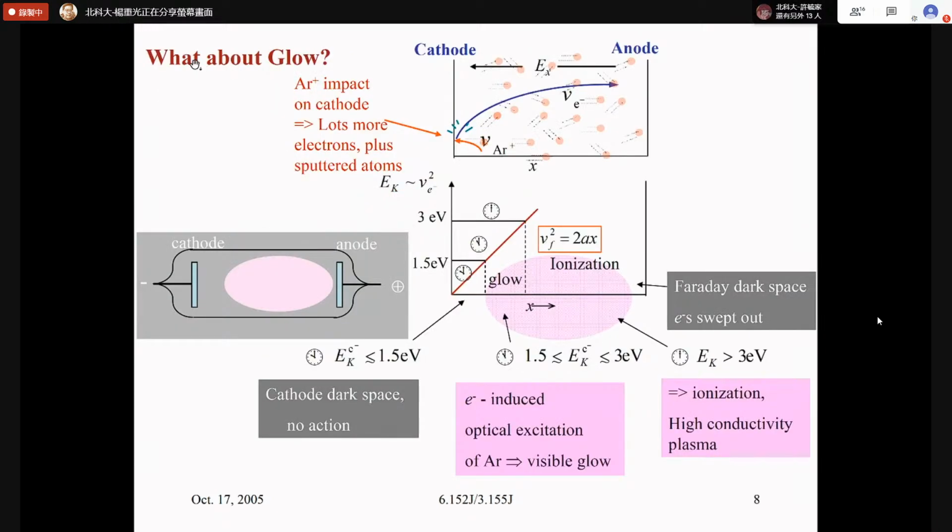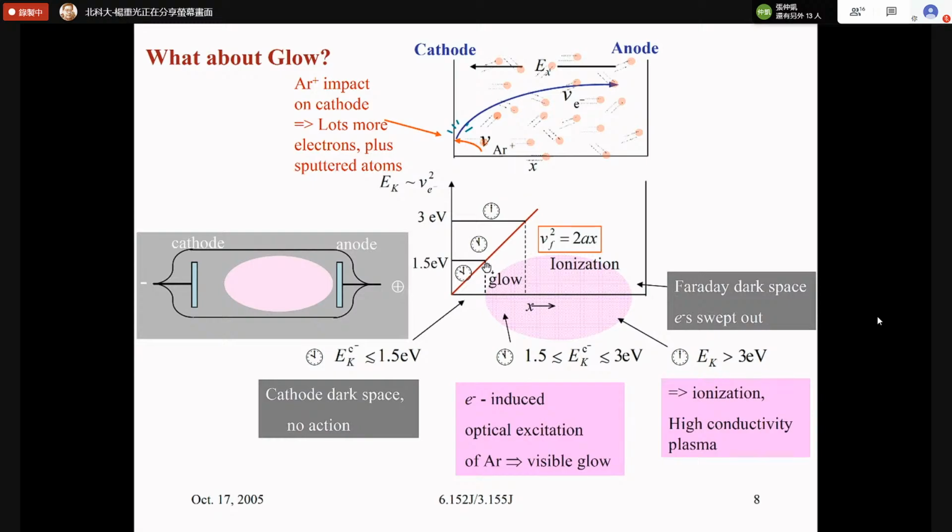So let's talk about the glow. What is happening is that when argon impacts the cathode, a lot of electrons come out, right? This is where it hits, and a lot of electrons come out.